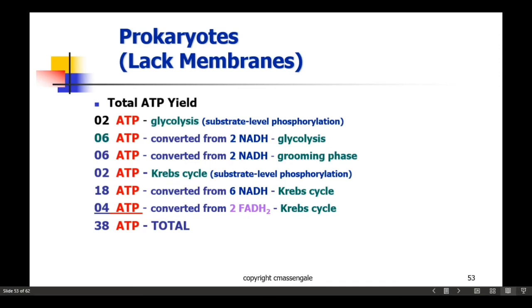Therefore, this is already equivalent to 6 molecules of ATP. And by the way, for prokaryotes, since they do not have a mitochondrion, their electron transport chain happens in the plasma membrane or the cell membrane. Therefore, there is no need for the 2 NADH molecules to spend ATP molecules in order to be processed in the electron transport chain.